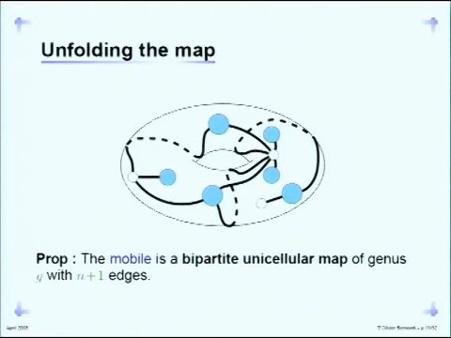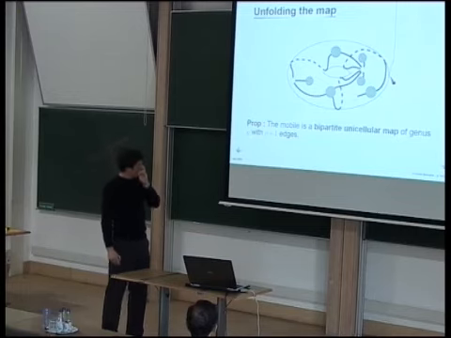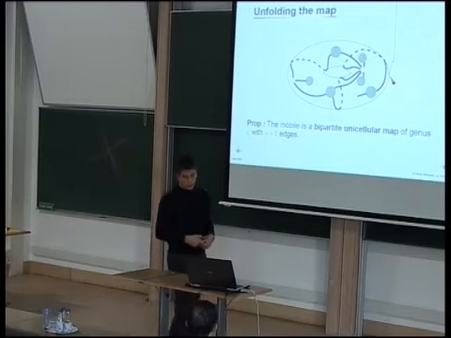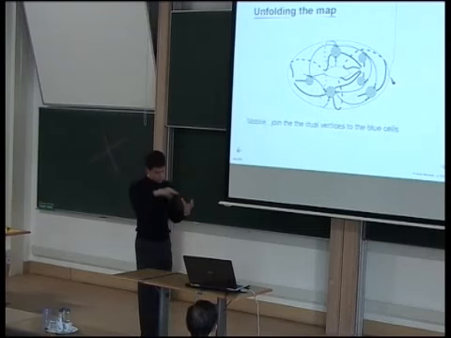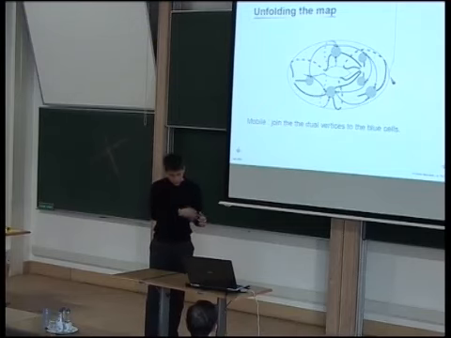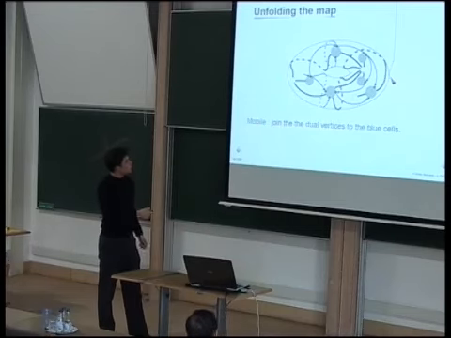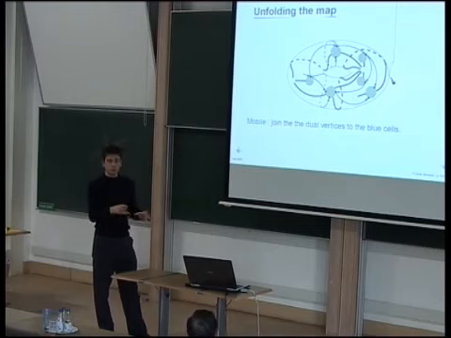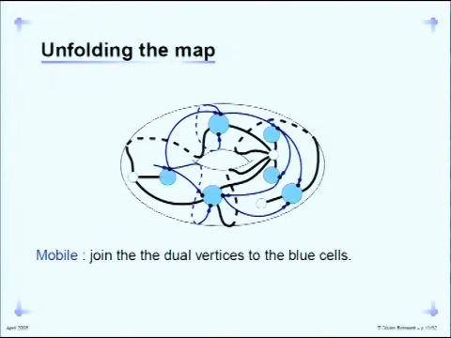And it turns out that this mobile is a bipartite unicellular map of genus G with n+1 edges. Okay, so the reason for that is that when you have this tree, in fact you are drawing a map on the complement of this tree, so it will in fact be unicellular. This is more or less the reason for that.